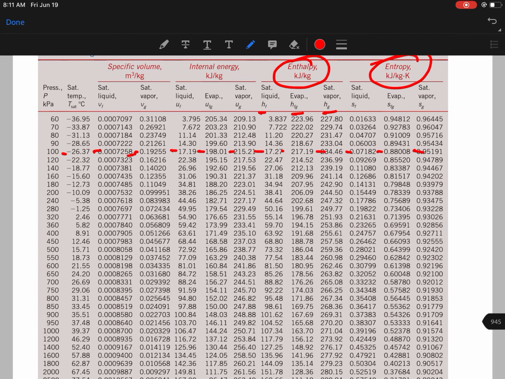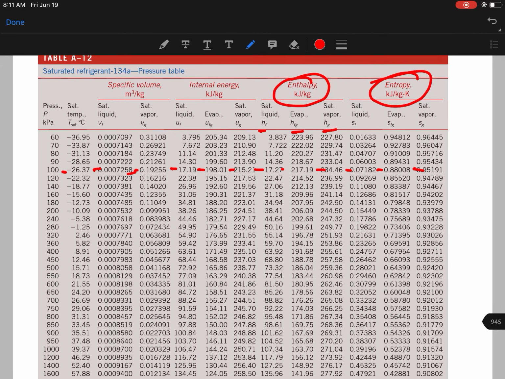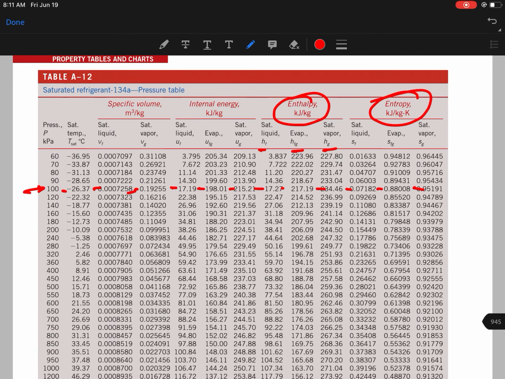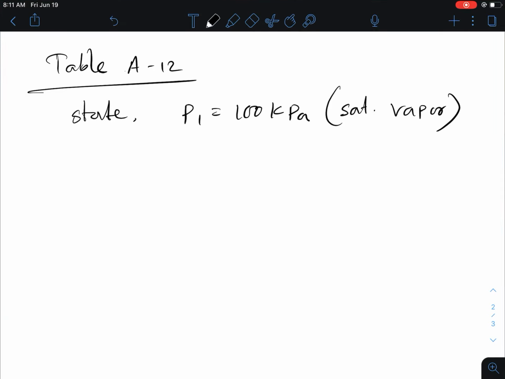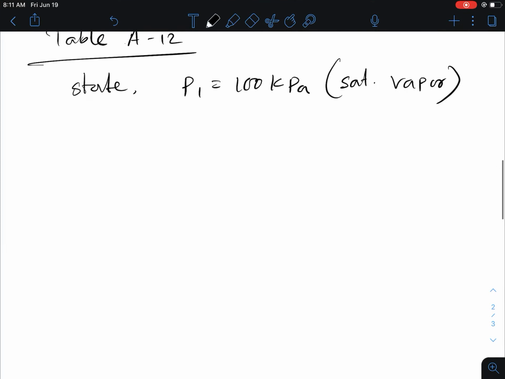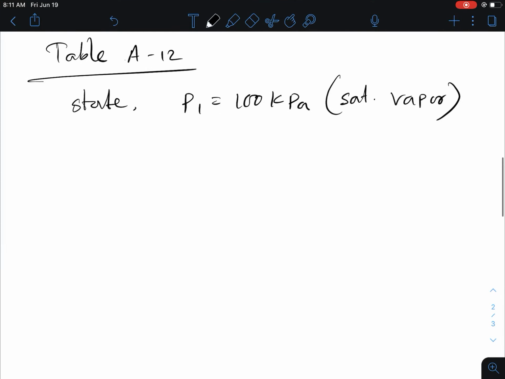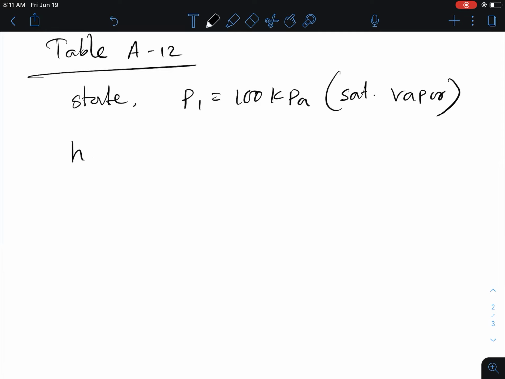This is just to show you guys which line and which pressure. So this one, for the saturated vapor, and the table is A-12. So let me write those conditions. At state 1, it's a saturated vapor, so h1 equals hg, which equals 234.46 kilojoule per kg.